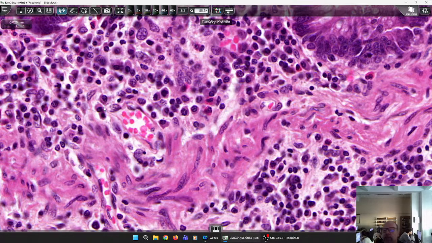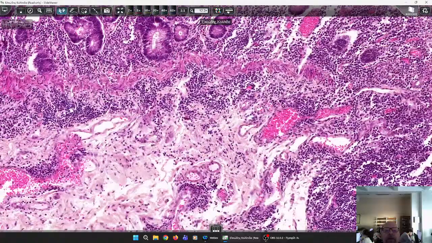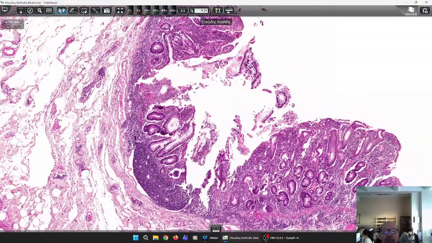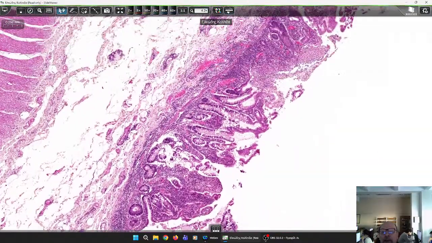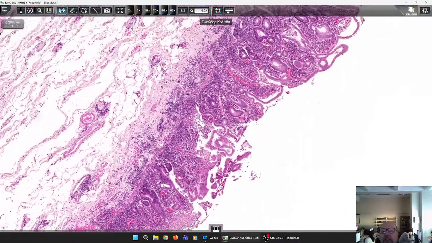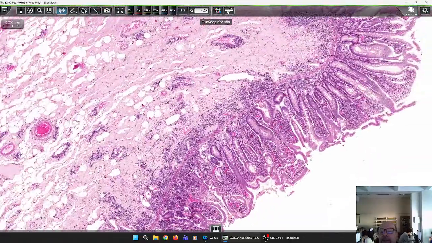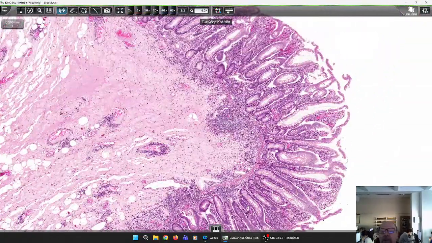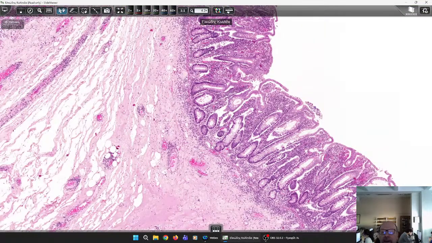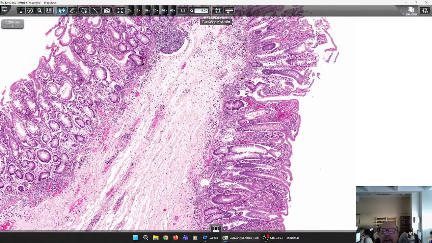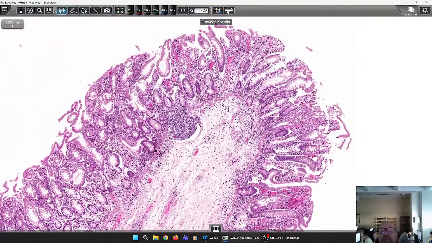Another diagnostic feature is the disruption of the architecture of the crypts, which you see are no longer in parallel and their shape is irregular. Look here at the base near the muscularis mucosae, all these architectural irregularities are consistent with idiopathic inflammation.